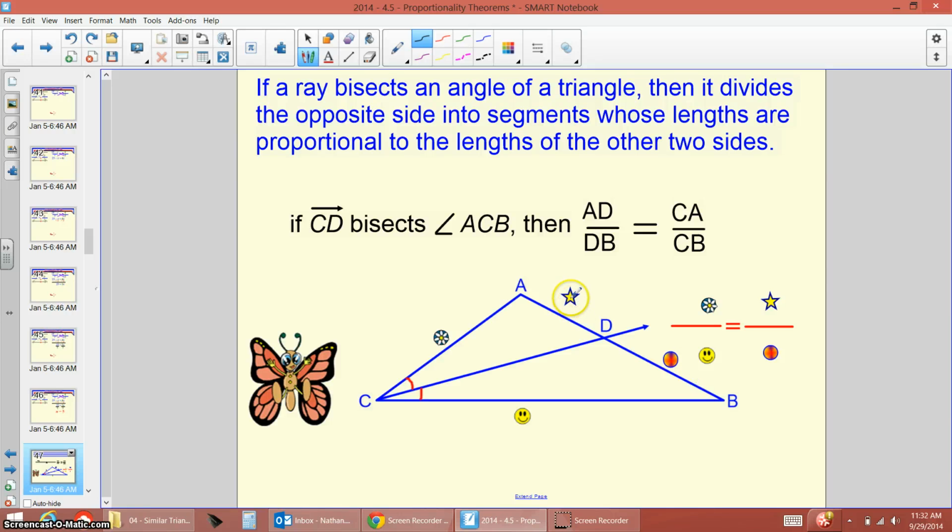You can say AD over DB and CA over CB, or you can interchange the means and say AD over CA and DB over CB. It doesn't matter if you switch these two around, but what you need to understand is these theorems and values. Make sure you know how to use them.